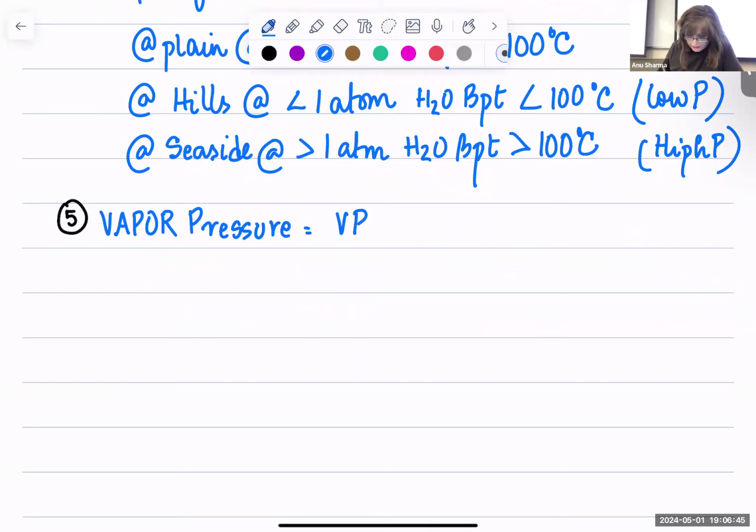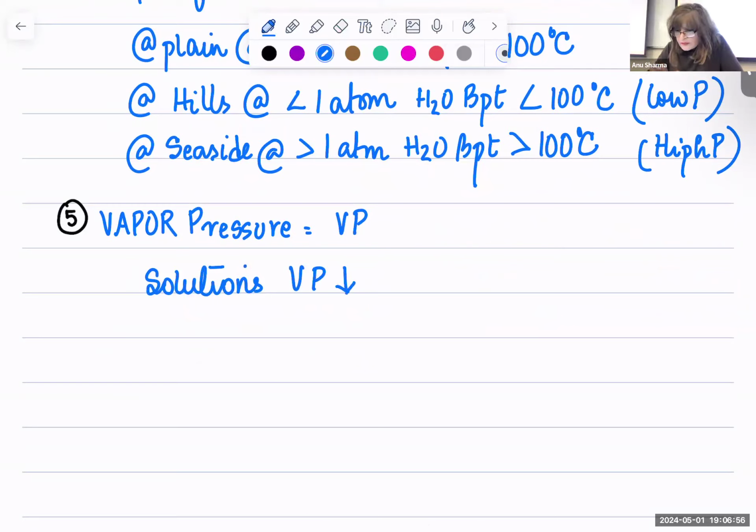For solutions, the vapor pressure gets lowered. This is the pressure present on the surface of the liquid.